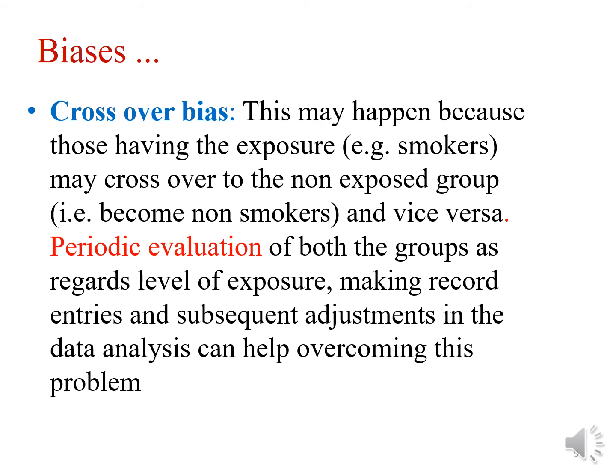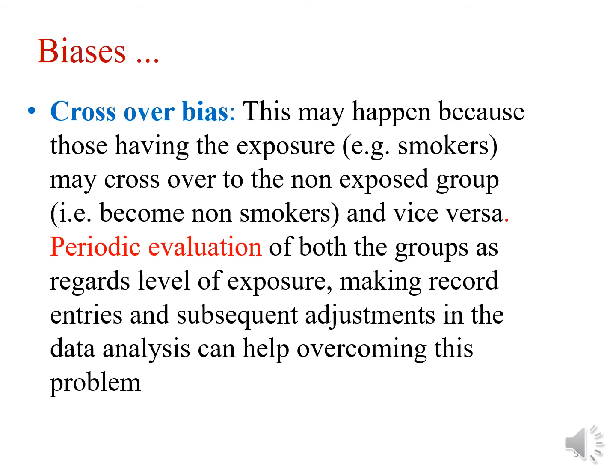To overcome this problem, periodic evaluation of both groups is needed to measure level of exposure. So to minimize this crossover problem, periodic evaluation of both groups is required, and adjustments during analysis can also help to diminish this bias.